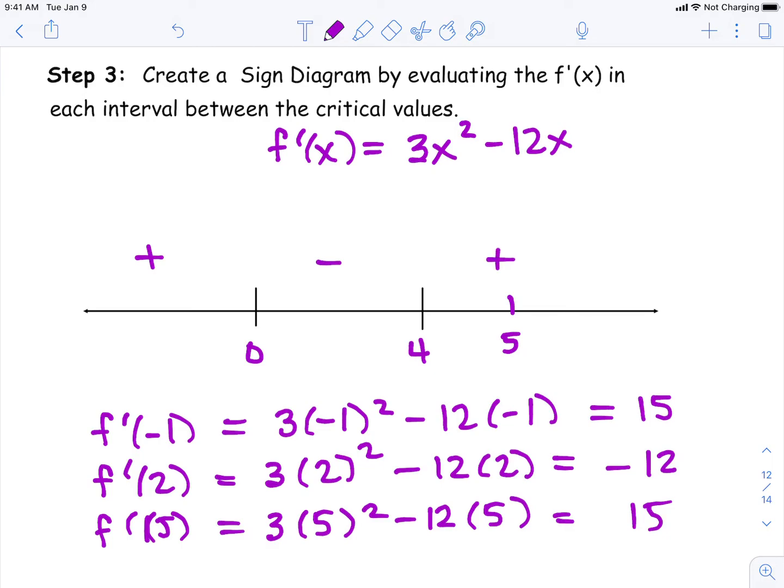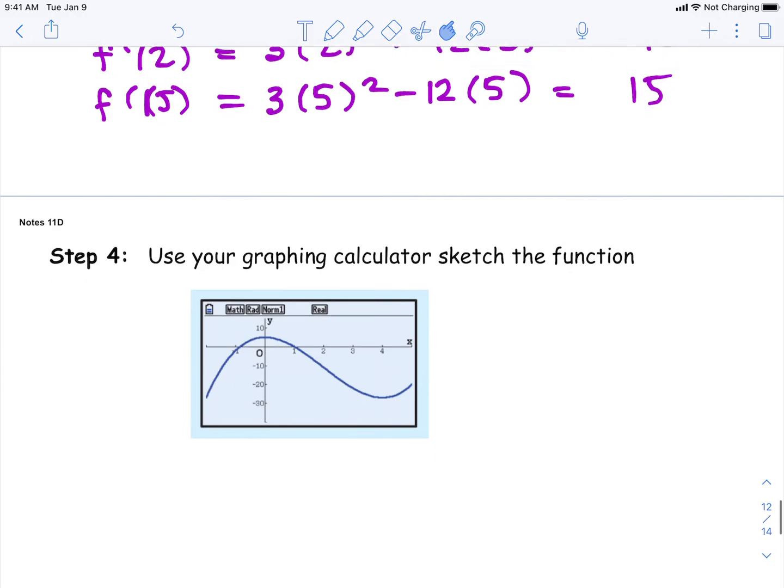So there's a positive number. So notice we go from a positive to a negative, and then from a negative to a positive. So we're going to have a max there and a min here at those critical points.